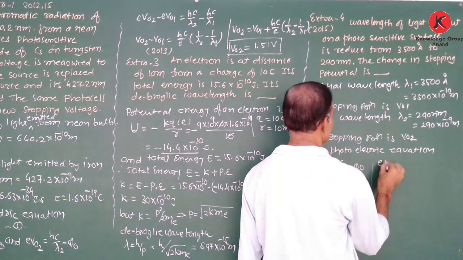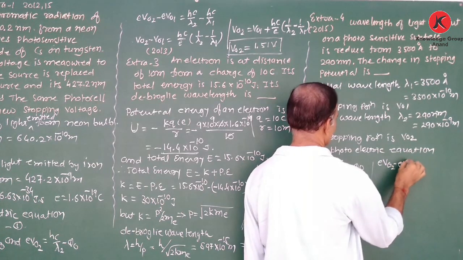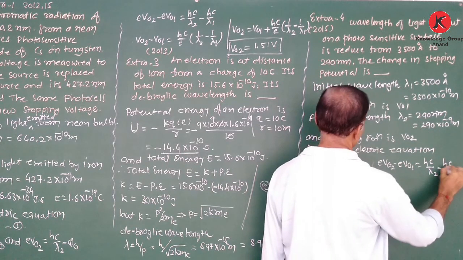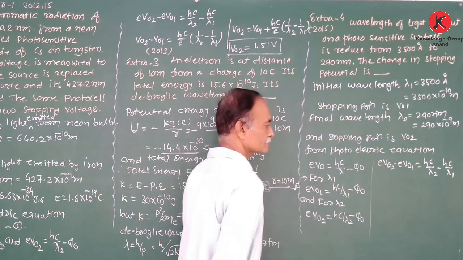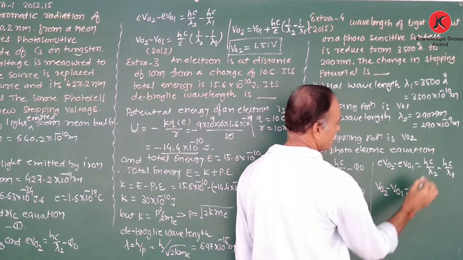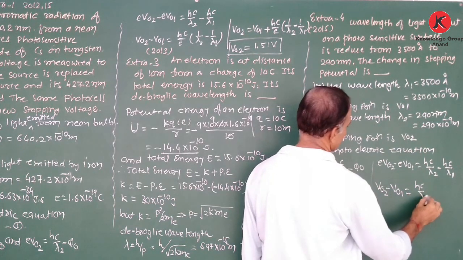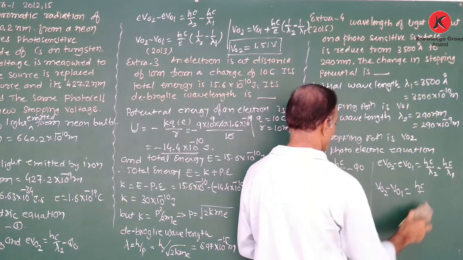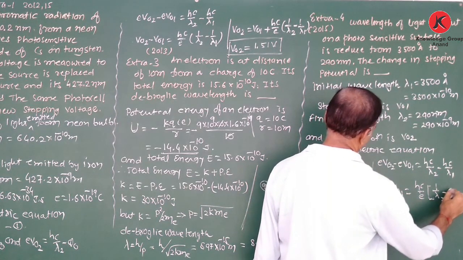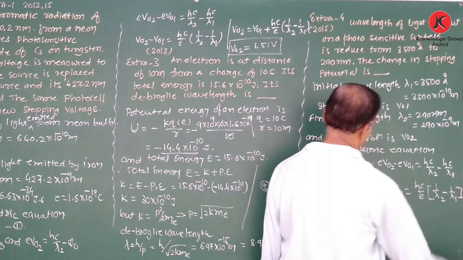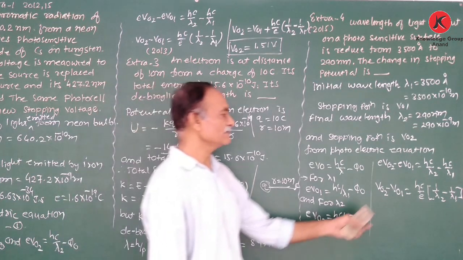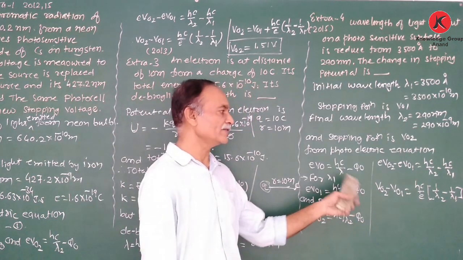Therefore, eV02 minus eV01 is equal to hc upon lambda 2 minus hc upon lambda 1. Therefore, V02 minus V01 is equal to hc upon e into bracket 1 upon lambda 2 minus 1 upon lambda 1. Clear? The same simplification as earlier we performed in extra second numerical.